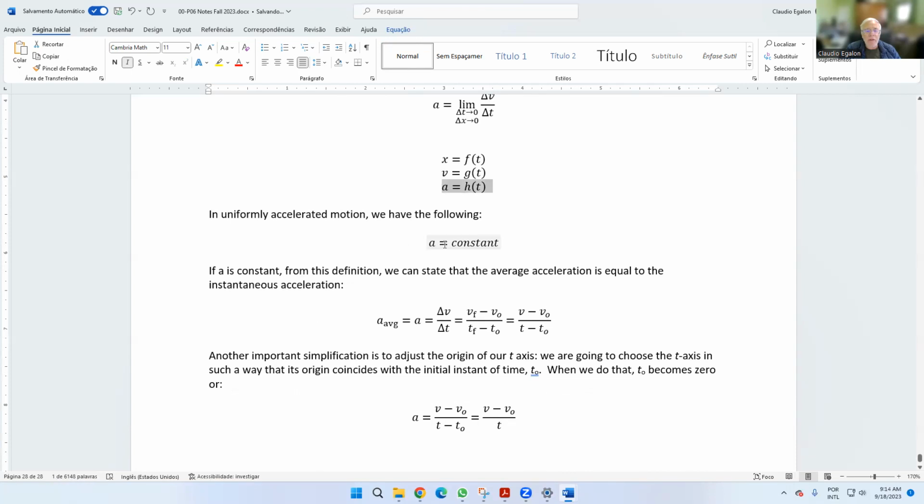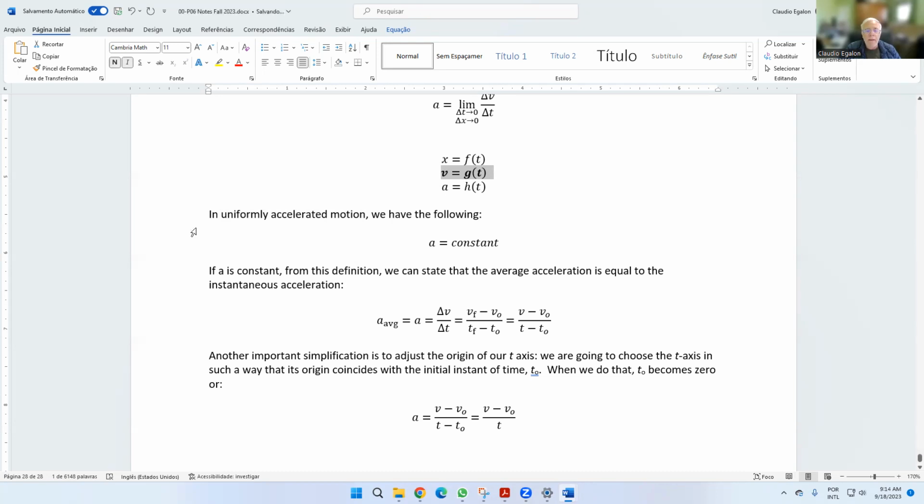A is not a function of time in this specific case, but there are cases in which the acceleration is going to be a function of time, but we didn't get there yet. Now we already have this last equation here, one of the equations of motion, and now we're going to find this equation of motion here. I'm going to even highlight it here.